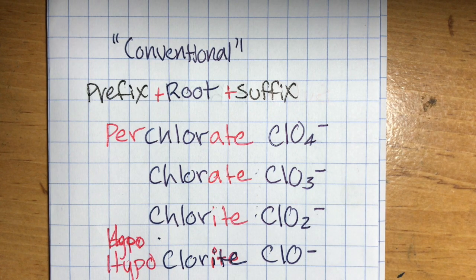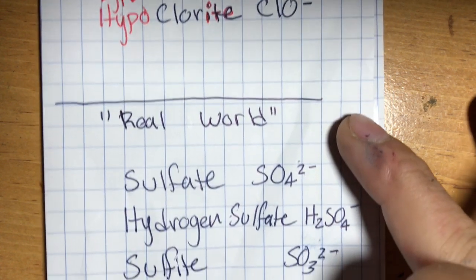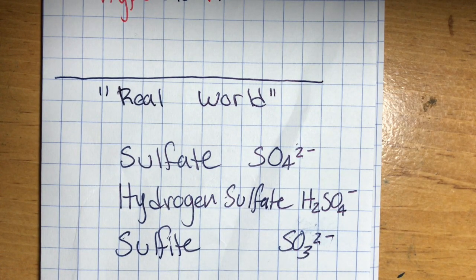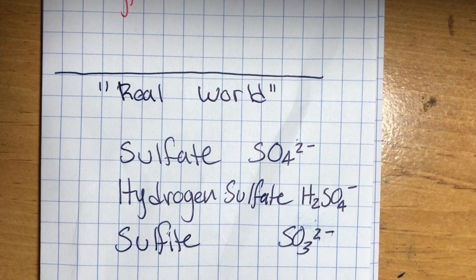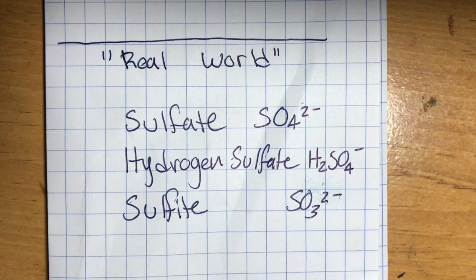And that's great, but not for Mary's class. In Mary's class, there's something a little bit different that you need to be aware of. There are 20 polyatomic ions, and they don't follow this conventional rule.